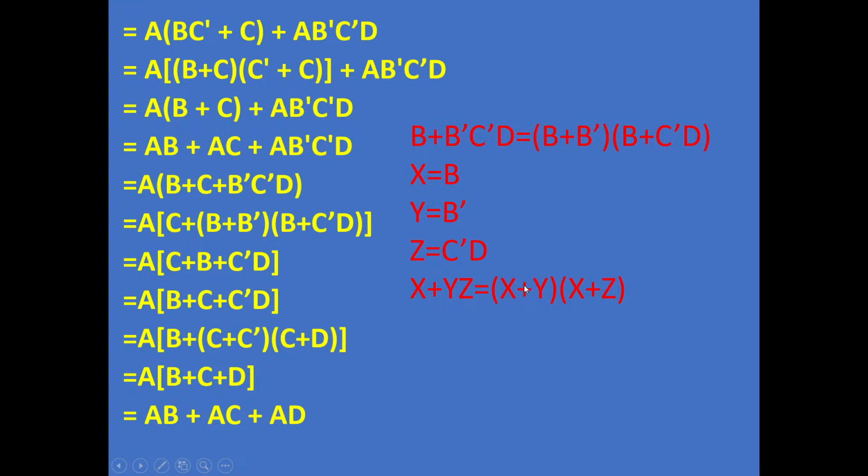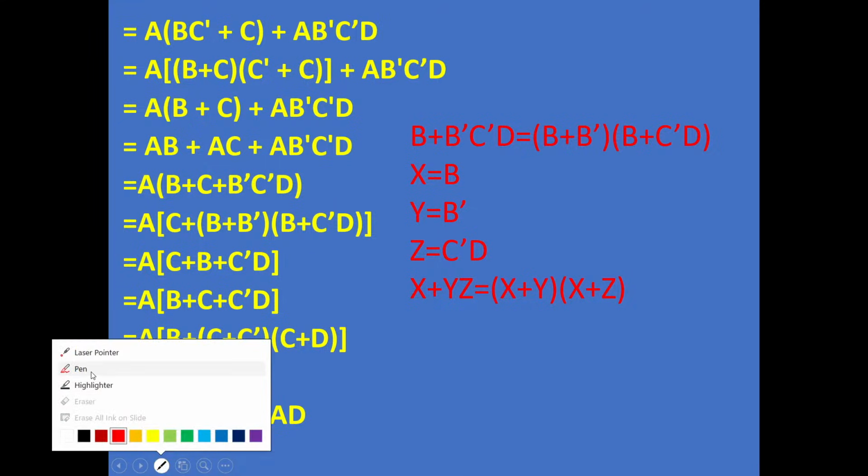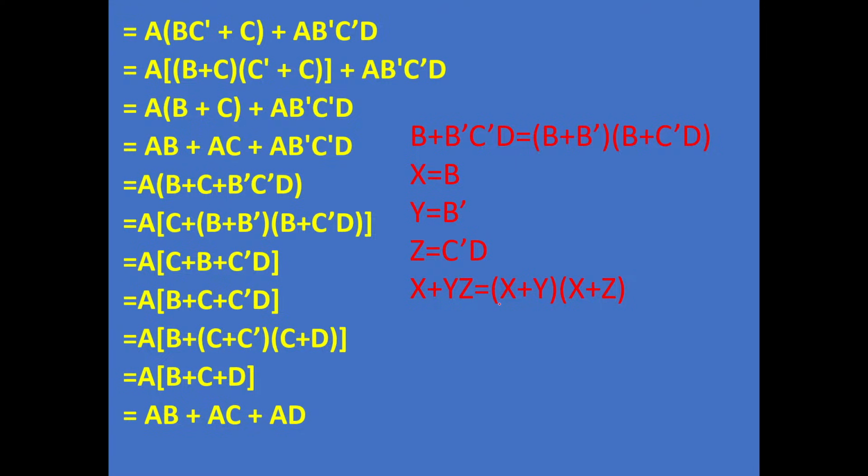B. What is Y? B bar. So B plus B bar. X plus Z is what? X is B, Z is C bar D, so B plus C bar D. I hope you are able to follow.